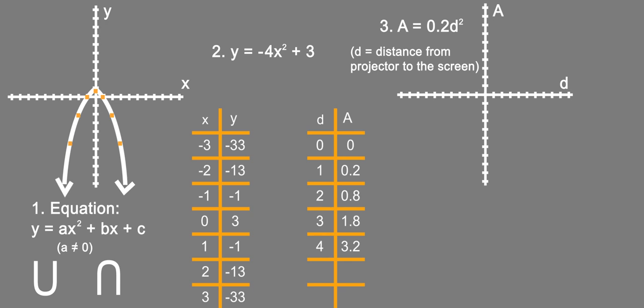And one more for good measure, 5. 5 squared is 25 times 0.2 is going to be 5.